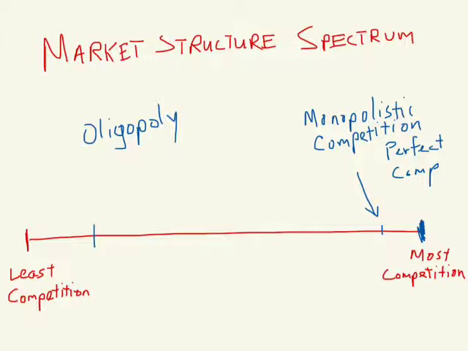And then finally, way over here on the least competition imaginable is monopoly. And here there's only one firm that faces the market. There's no close substitutes. There's not many markets we can think of that are like this, but it's this almost imaginary case where we've eliminated any source of competition that we can think of, and we just want to see what things look like when there's no competition at all.